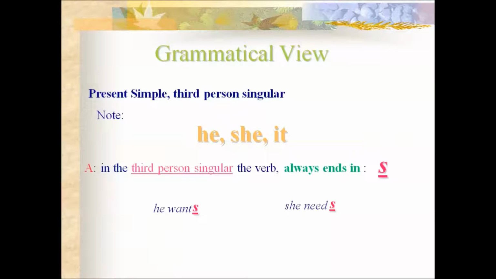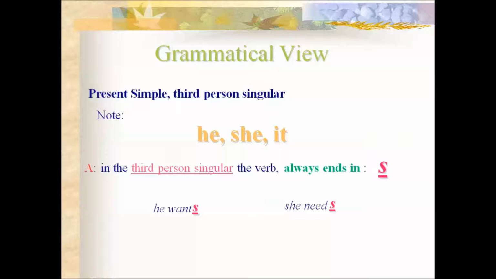There is only one pronoun showing the third person plural. That is they. And you have three pronouns showing the third person singular. For the male, you use he. For the female, you use she. And for the object, the word it is used.